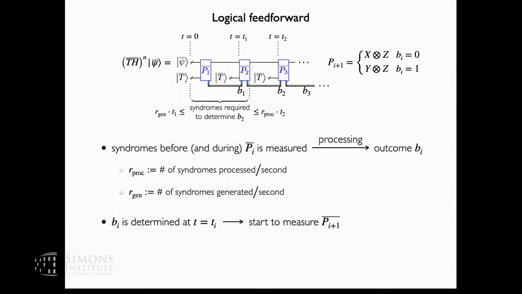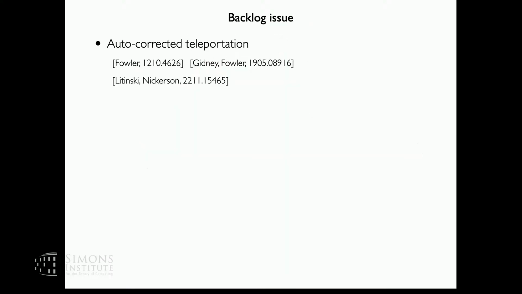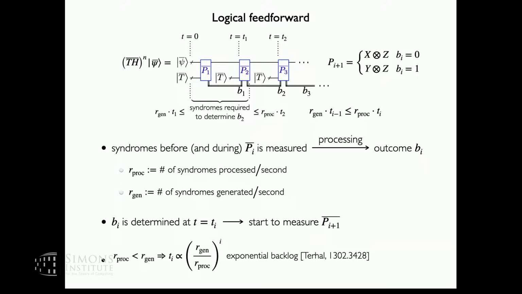You can generalize this to i: R_gen times T_(i-1) is smaller than R_process times T_i. And that's where you have the exponential backlog. Your time for the entire procedure will grow exponentially if your processing speed cannot catch up with your generating side. So this is obviously bad.